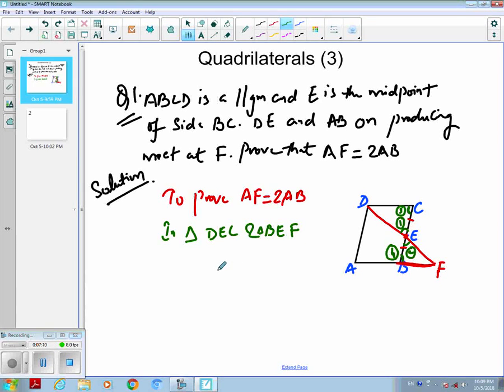We are given that E is the midpoint, so BE is equal to EC. Angle 1 is equal to angle 2, vertically opposite angles.